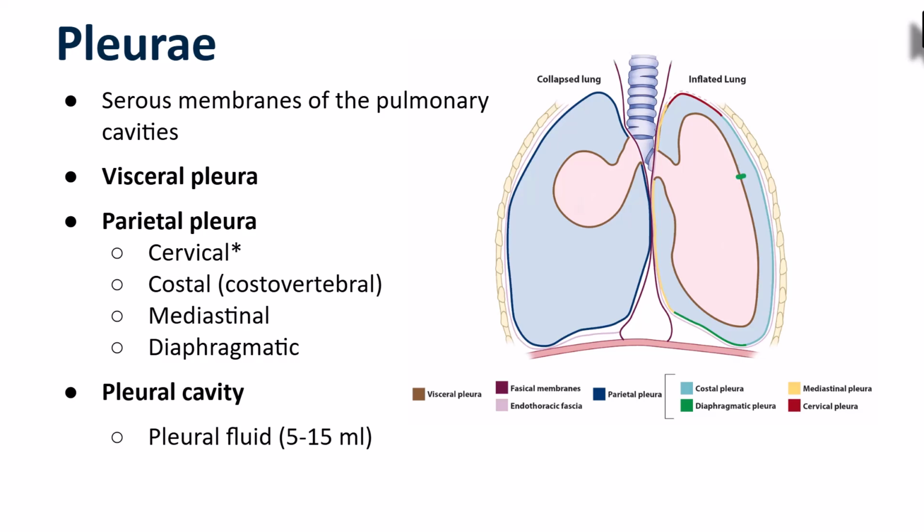In life, visceral pleura and the parietal pleura are right up against one another, such that as the thoracic wall or chest wall expands, so do the lungs. But within that pleural cavity, the average adult has between 5 to 15 milliliters of pleural fluid. And that just keeps any adhesions from forming, so it lubricates the pleurae from sticking to one another.